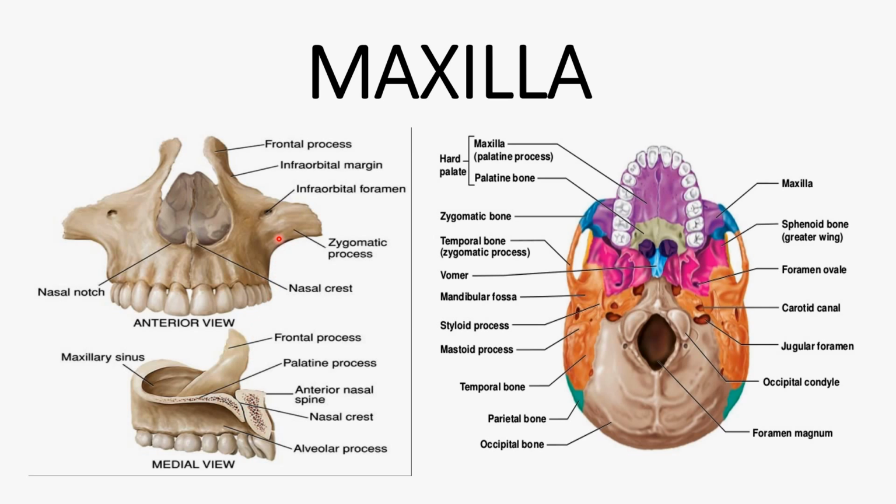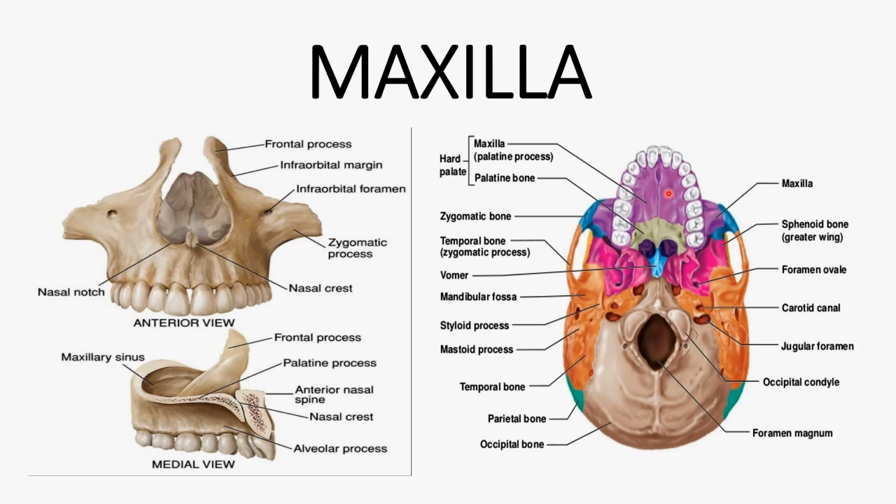The three things you have to know: infraorbital foramen, maxillary sinus, and also this little hole called the incisive fossa or incisive foramen.